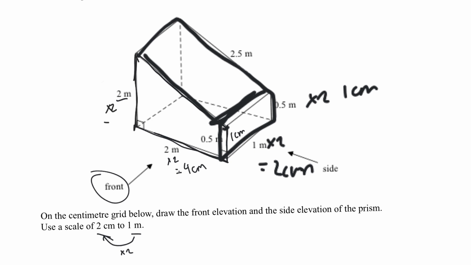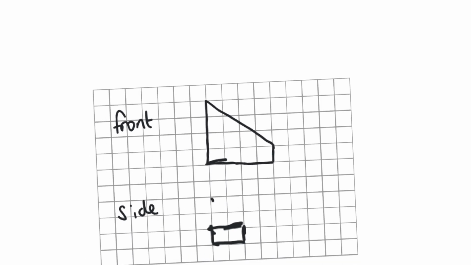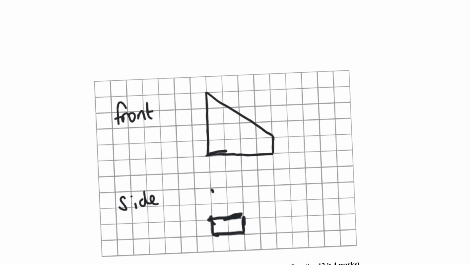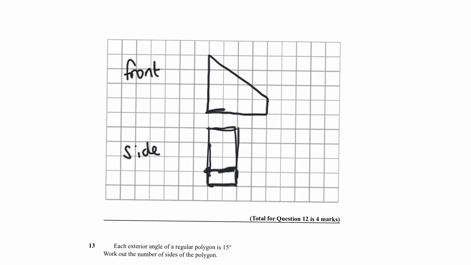Remember when we times it by 2, that was 4 centimeters. Bear in mind, 1 centimeter has been taken up here, so the rest of that part would be 3 centimeters. So now drawing it on, we need to draw 3 centimeters up. And that is the final answer for that one.